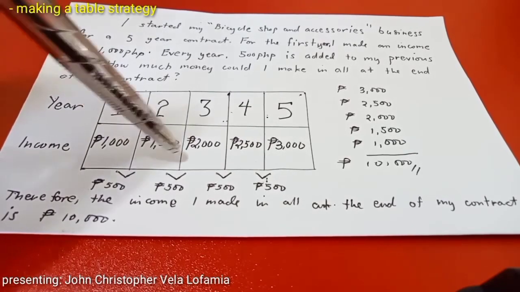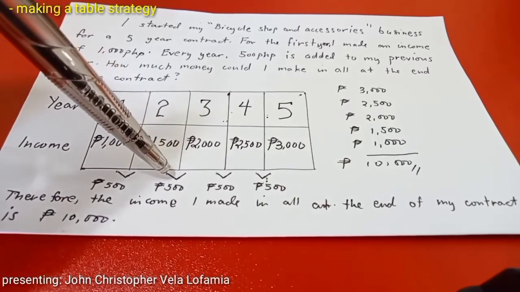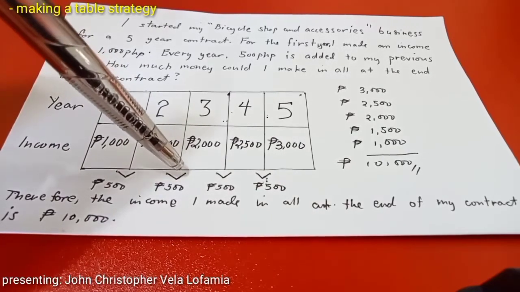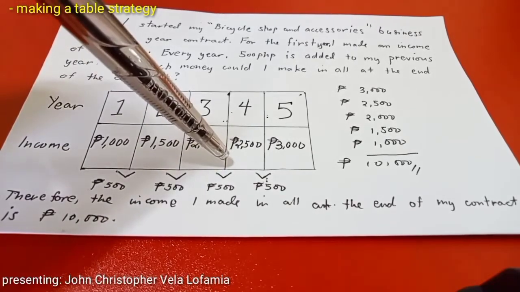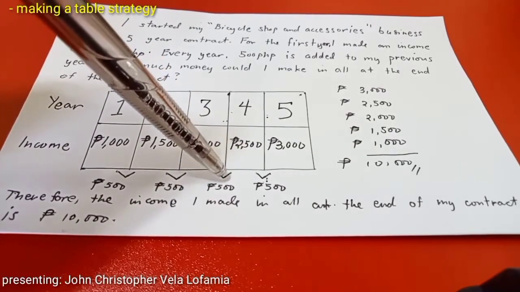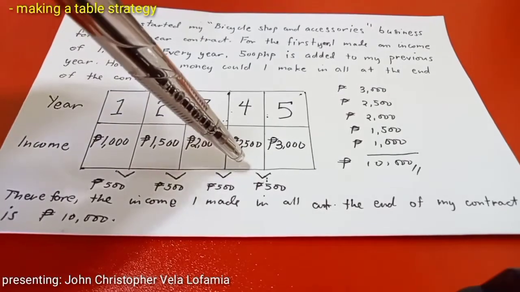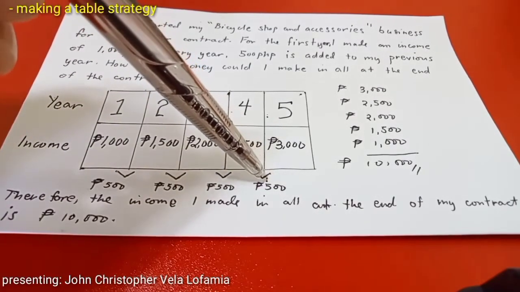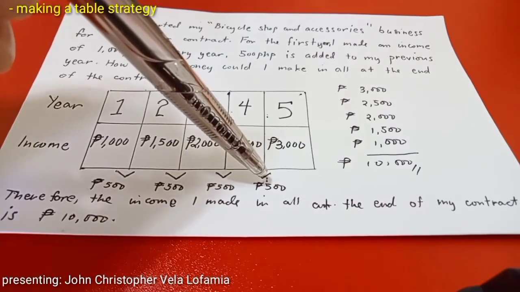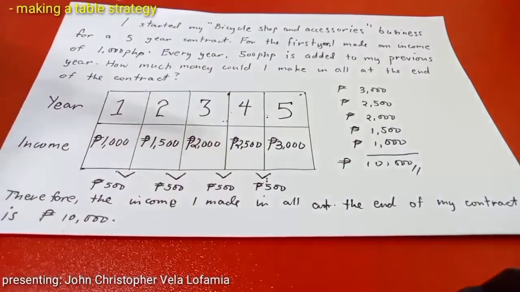And in my third year, 500 pesos is added again, so it will become 2,000 pesos. In the fourth year, I also gained 500 pesos to make it 2,500. And in the fifth or last year of the contract, I again gained 500 pesos to make it 3,000.